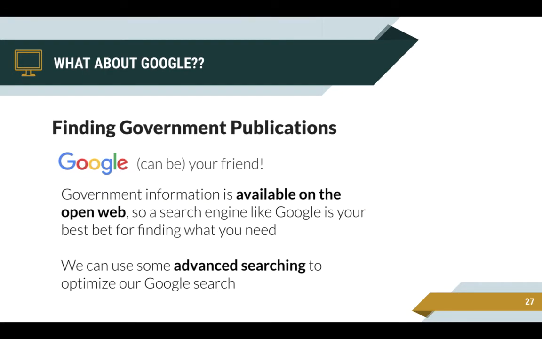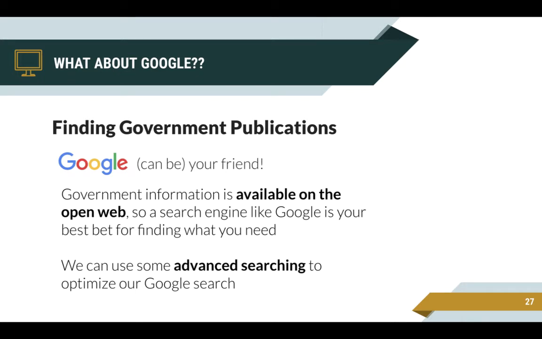So what about Google then? Google actually can be your friend, especially in terms of finding government and industry publications. So government information is typically available on the open web and is freely accessible. So a search engine like Google is honestly your best bet for finding what you need for this type of information.